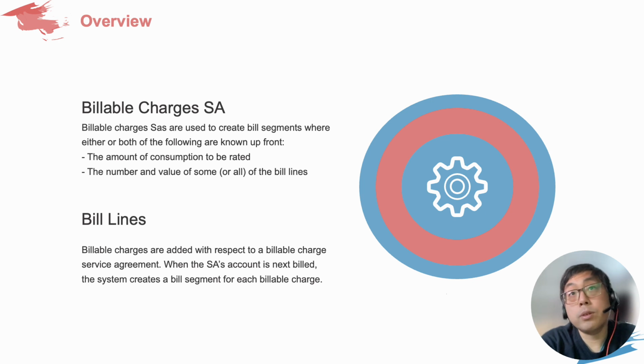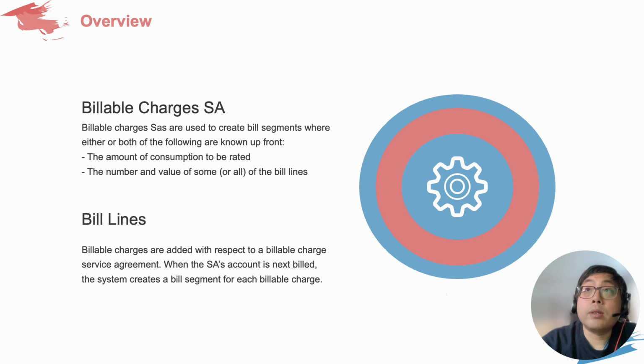So this could be a very typical case of using billable charge, but there are also other cases where the charges are not just on the energy but also things like insurance, or recurring charges monthly, which don't have to be metered.